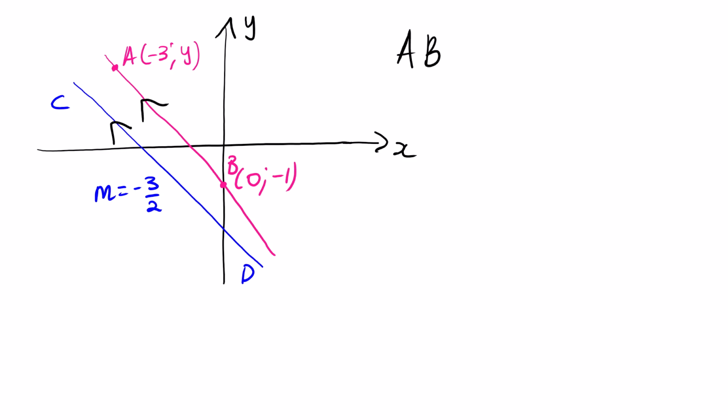Since line AB is parallel to CD, it means the gradient of AB is equal to the gradient of CD. We know the value of MCD.